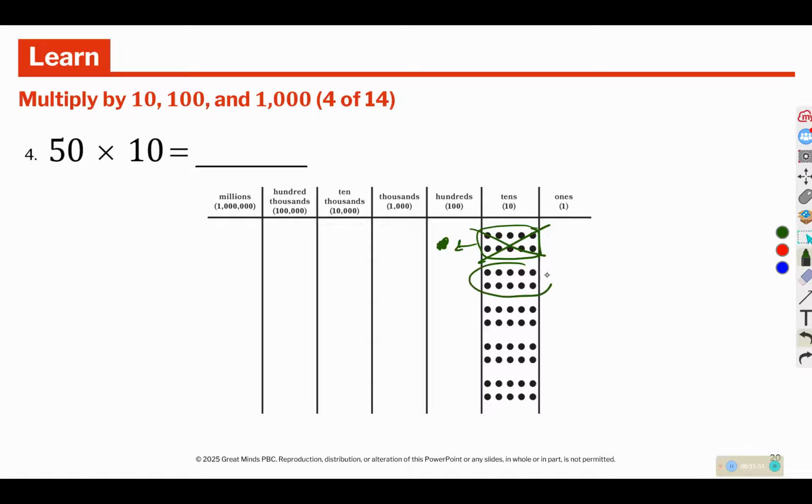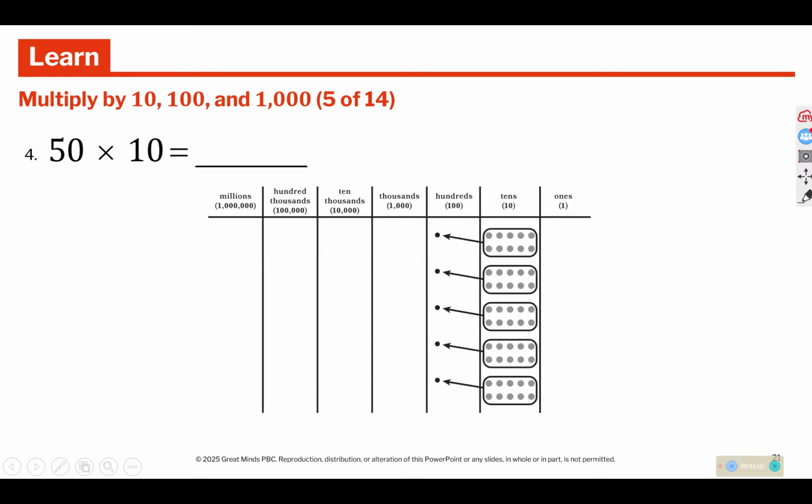Another set of 10 tens turns into 100. Continue that process. I can rewrite 50 tens as 1, 2, 3, 4, 5 hundreds. In standard form, 5 hundreds is the number 500.